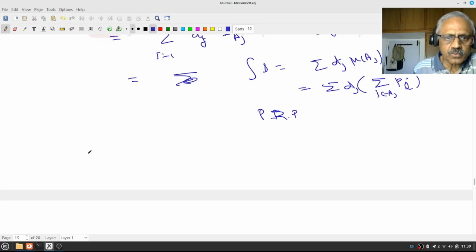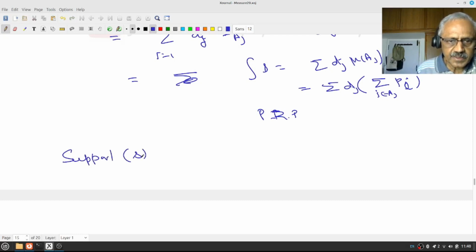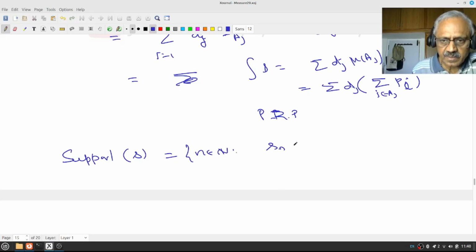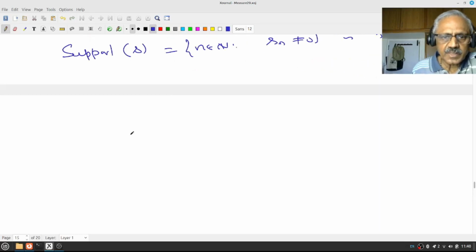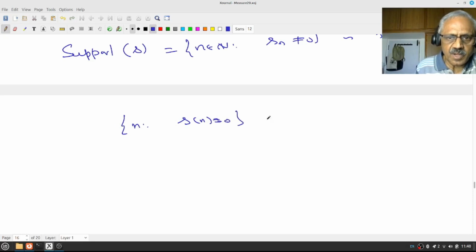Suppose the support of s, what does it mean? It is the set of n in N so that s(n) is not equal to 0. Suppose this is finite. That means the complement, the set of n so that s(n) equals 0, is cofinite.